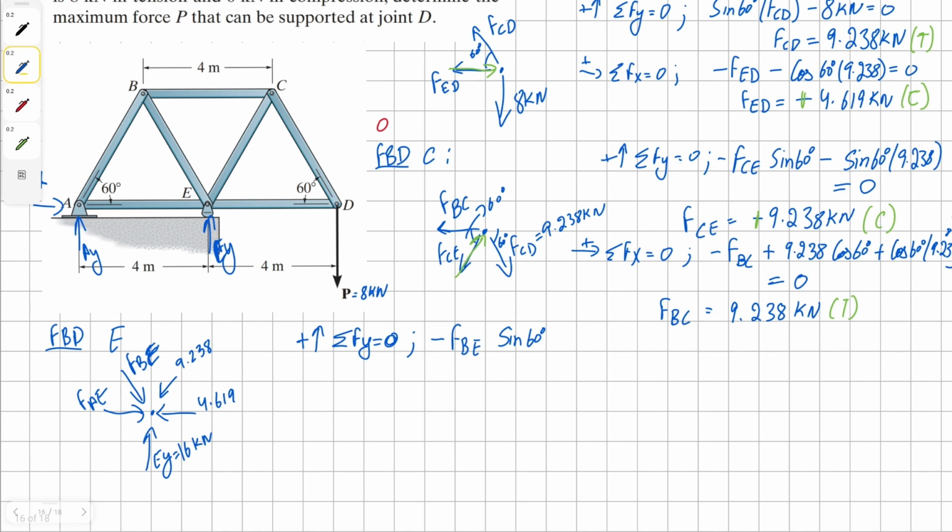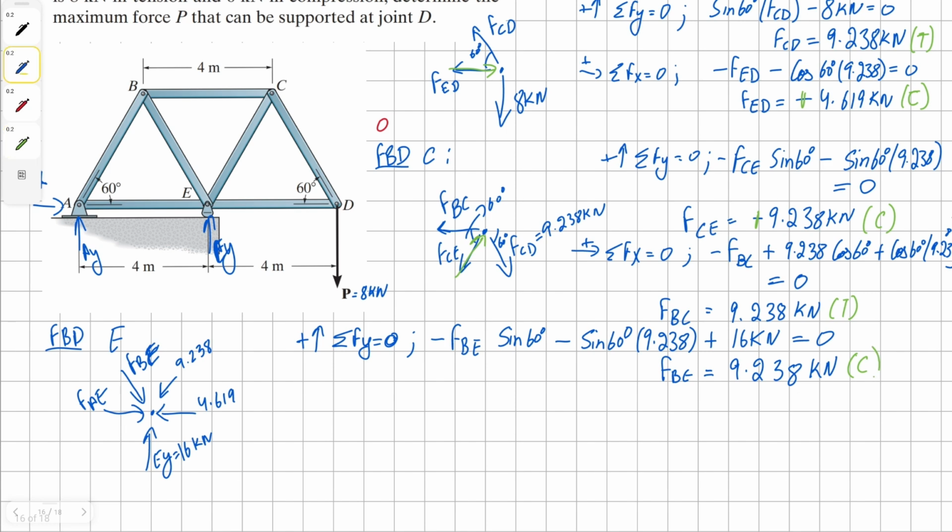And then the vertical component of EC, and then we have positive 16 kilonewtons from our external reaction, all equals 0. We get our solution as 9.238 kilonewtons, and this member BE is in compression.